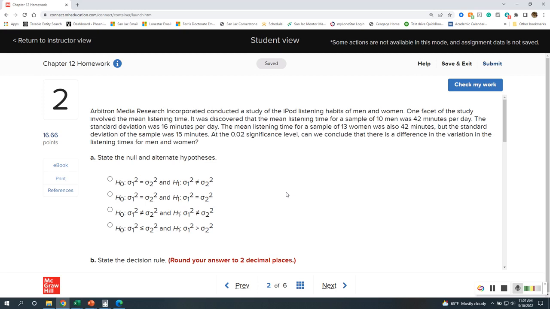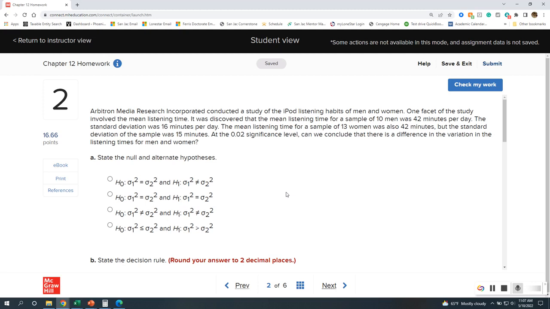The standard deviation was 16 minutes per day. The mean listening time for a sample of 13 women was also 42 minutes, but the standard deviation of the sample was 15 minutes. At the 0.02 significance level, can we conclude that there is a difference in the variation in the listening times of men and women?